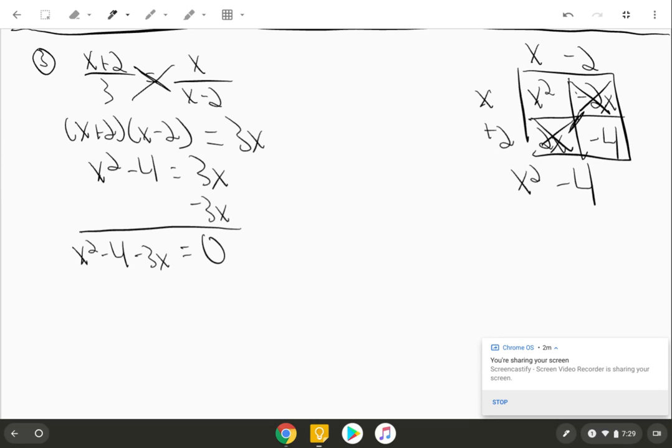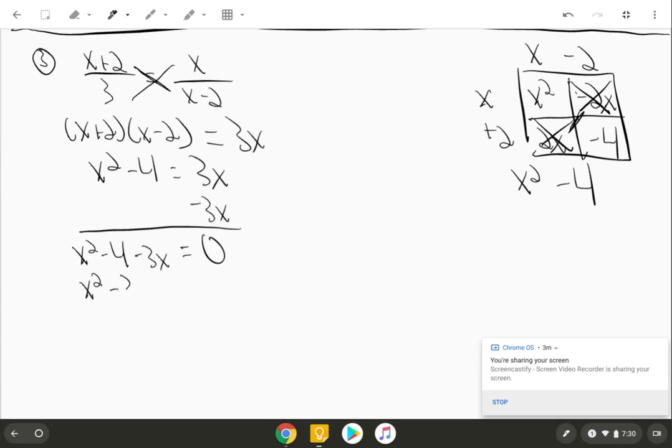Now, notice the terms are in the wrong order. Normally in a quadratic, we have the x squared term, then the x term, then the constant term. In this case, this order here is switched. So I am well within my right to go ahead and switch the terms so that they're in the right order.